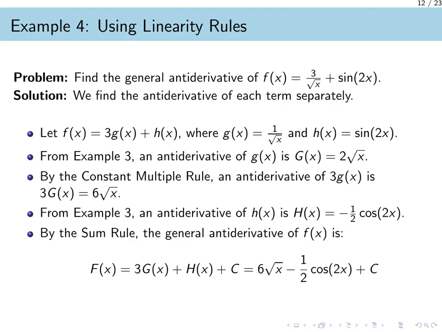First, using the constant multiple rule, we take the known antiderivative for the square root of x, which is 2 times the square root of x, and multiply it by the constant 3 to get 6 times the square root of x. Next, using the sum rule, we simply add the antiderivative we already found for the sine of 2x, which is negative 1/2 times the cosine of 2x.